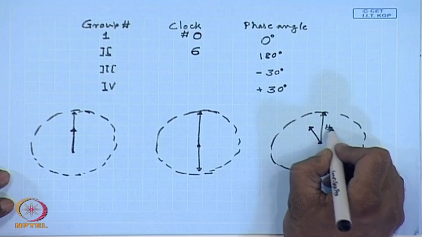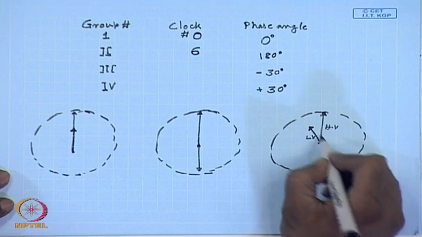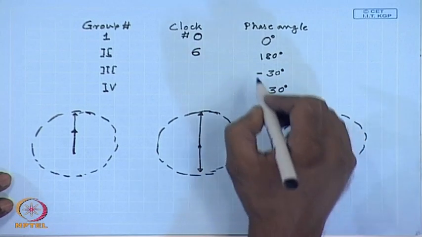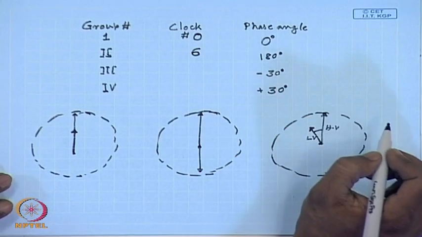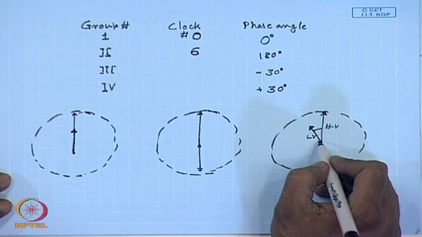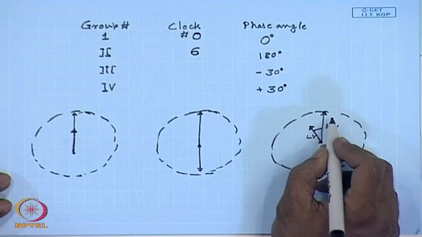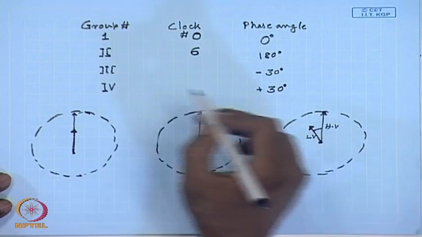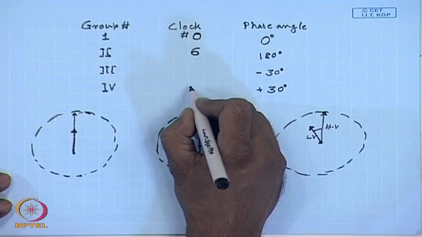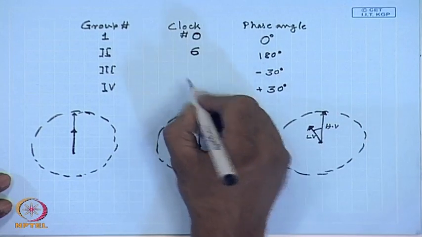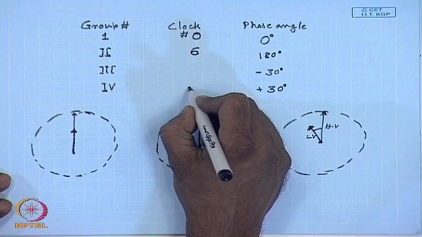This is HV, this is LV. Here the line to neutral phasor of the LV side leads the line to neutral phasor of the HV side by 30 degree. So, this is group number 4, this represents 11 o'clock, therefore, this clock number for plus 30 degree is 11.